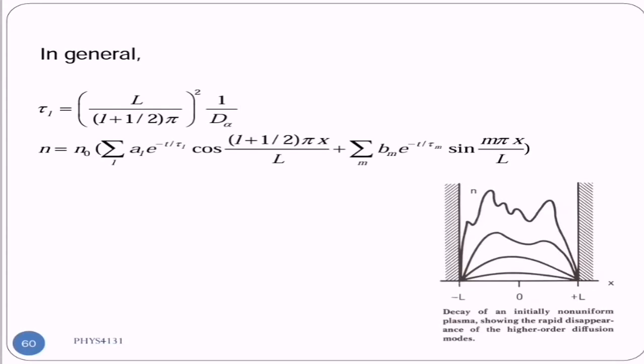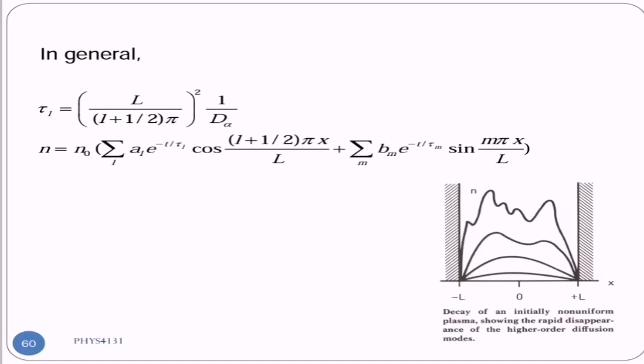In general, the decay time constant for the lth mode is given by tau_l is equal to (L over (l plus 1/2) pi)^2 times 1 over D alpha.